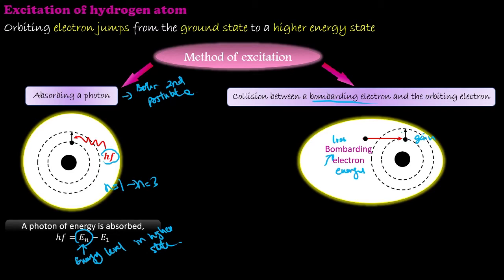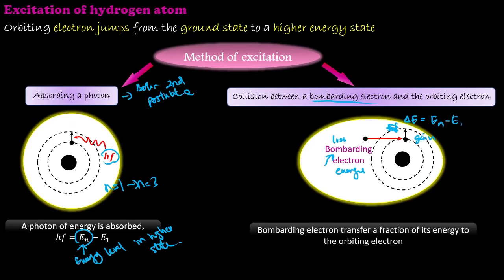Of course this absorption of energy must also be equal to delta E between the energy levels, still En minus E1. This absorption of energy is still discrete, because the energy difference between two levels is always discrete.